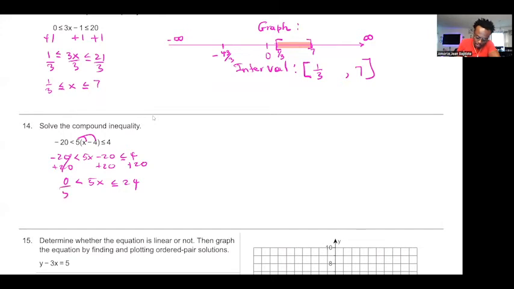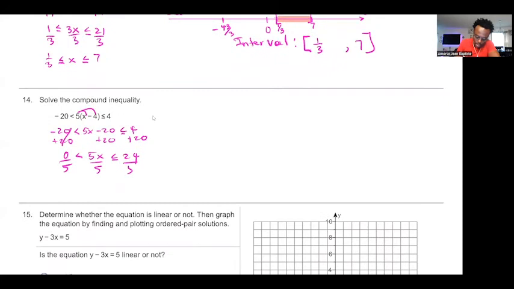And then we divide by 5. And then that is 0. We divide by 5. That's 0 less than x and less than or equal to 24 over 5.